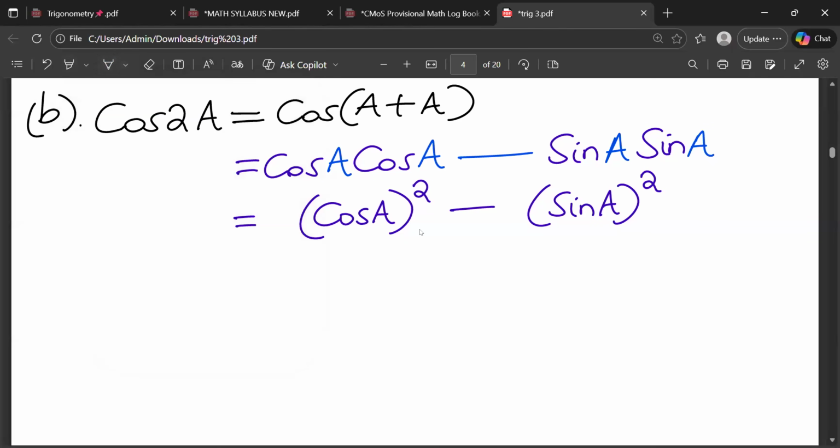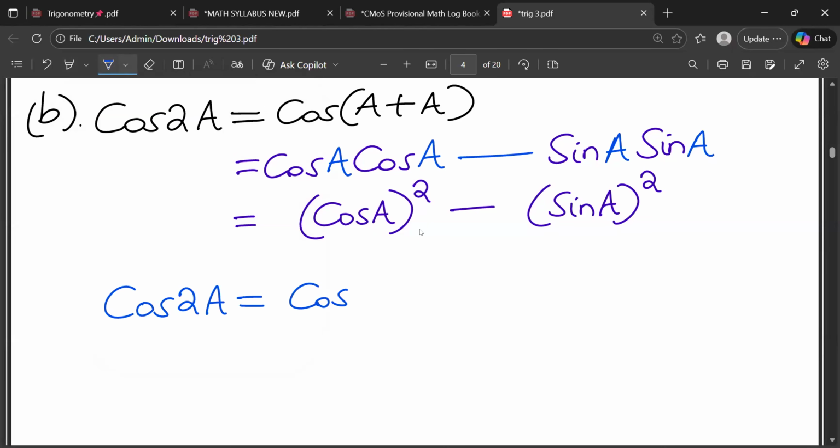We just write it like that on a calculator. But if at all we want to come up with the rule, this one is cos 2A. So this one becomes, how do we write it? Cos squared A minus sine squared A. Like that.